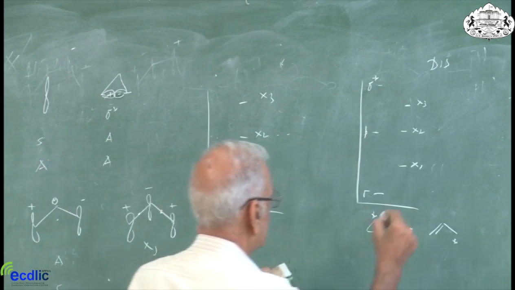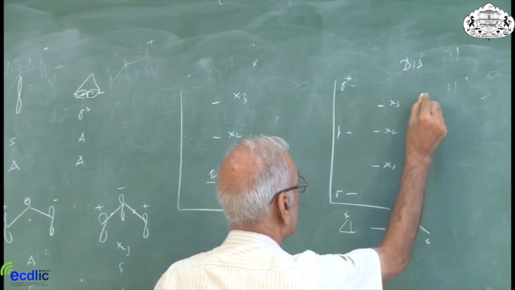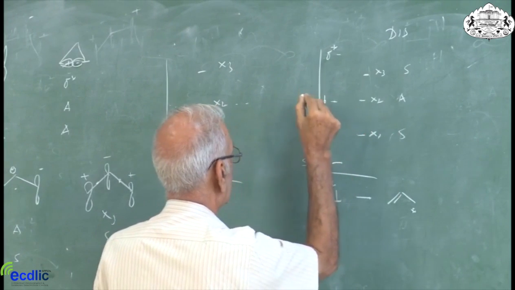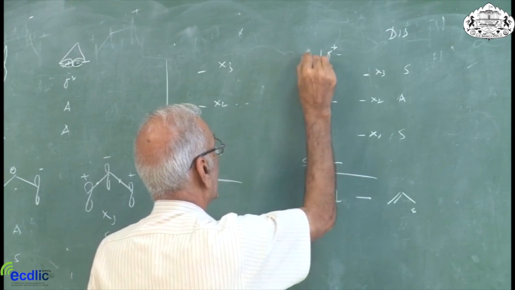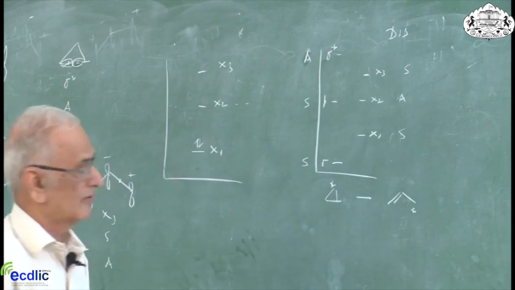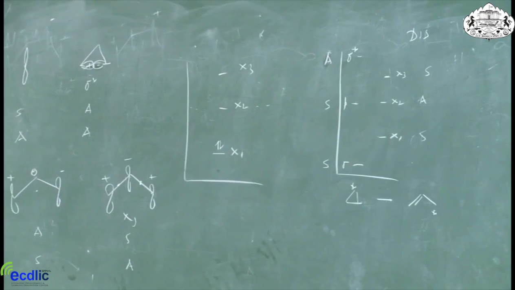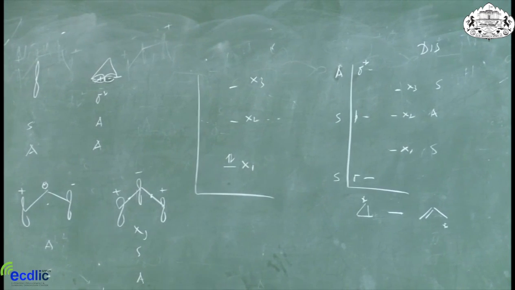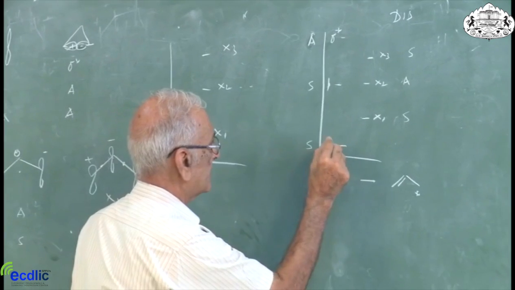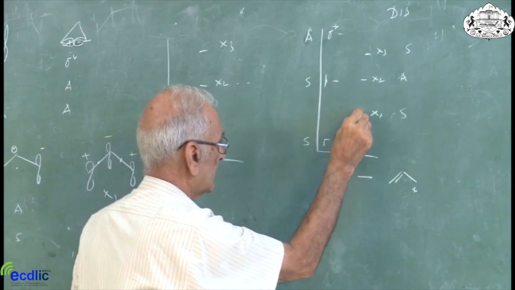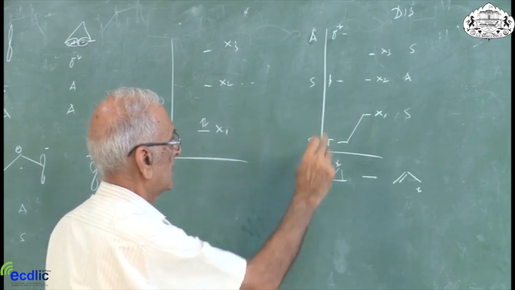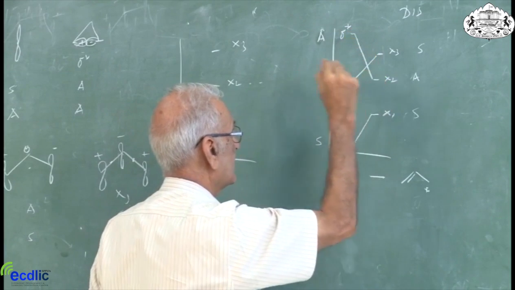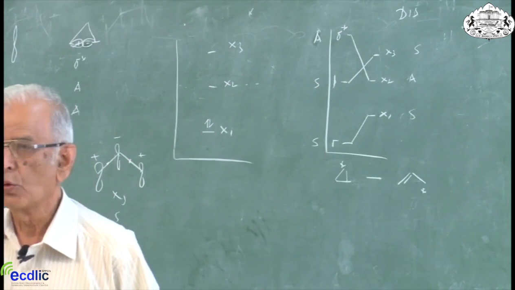Let us put the labels S, A, S, S, S, A. So, 2 are symmetric, 1 is anti-symmetric. Joining: sigma can join to X1 or X3, I join it to X1. P is symmetric, so I join it here. And sigma star is anti-symmetric. So, that is my correlation diagram.